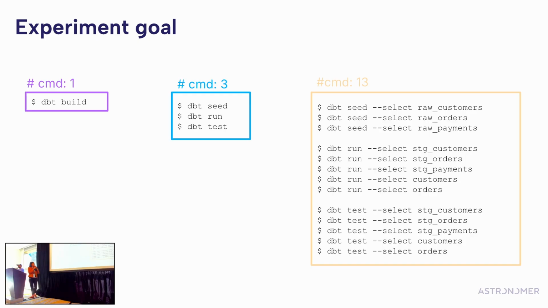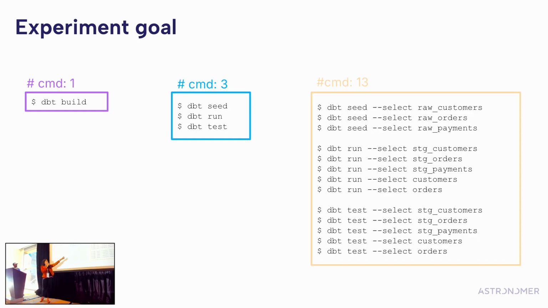So this is an example. These are different ways of running the same pipeline using dbt. In the first one, you run dbt build. It will load all the seeds, run all the transformations, run the tests. In the second one, we are decomposing based on what the nodes do. So first we load the seeds, then we run the transformations, then we check the tests to see if things are passing.